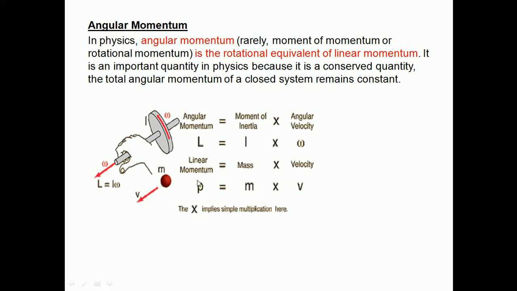If we are representing the linear momentum by p, then it is equal to the mass multiplied by the velocity. So the linear momentum p is equal to the mass of the object and the velocity. But what about the angular momentum? Angular momentum is represented by L, and it is equal to the moment of inertia multiplied by the angular velocity.